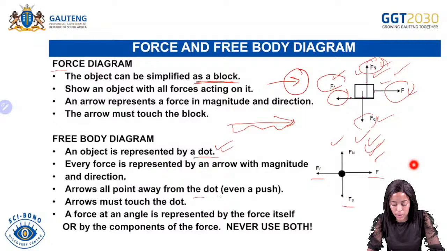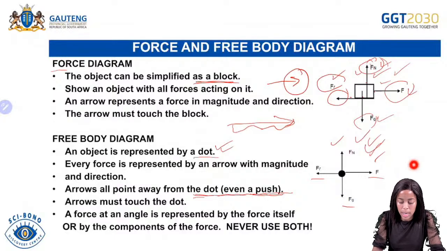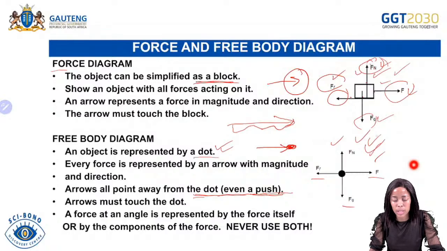Then it says arrows all point away from the dot, even a push. This is very, very important. So you must never find yourself drawing your free body diagram, so let's say now this was your dot, and maybe you wanted to draw an arrow for the applied force, with an arrow pointing towards the dot, because all arrows must always point away from the dot.